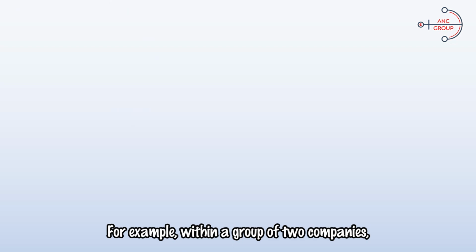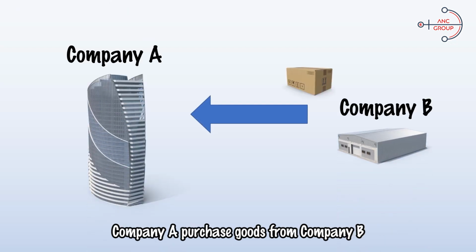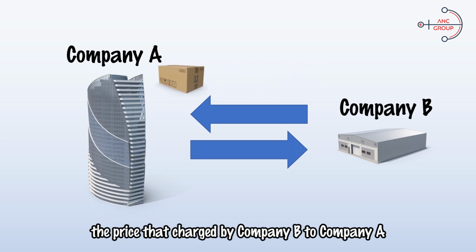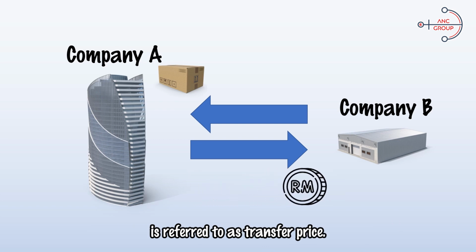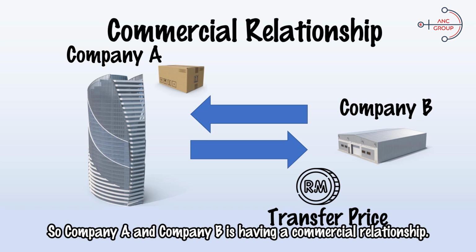For example, within a group of two companies, Company A purchased goods from Company B. The price that is charged by Company B to Company A is referred to as transfer price. So Company A and Company B is having a commercial relationship.